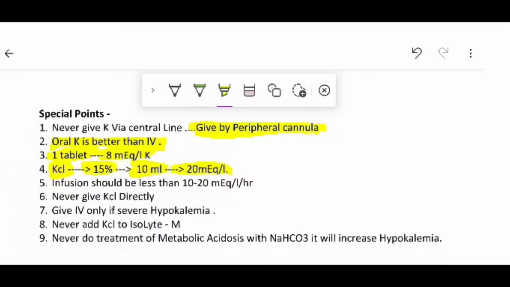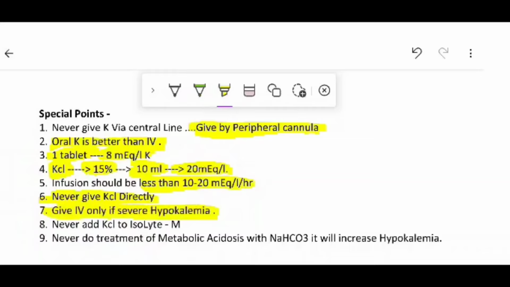Always check that the infusion rate of potassium should be less than 10 to 20 milliequivalents per hour. Never give potassium chloride directly; it should always be diluted with normal saline. And we give IV potassium chloride only when there is severe hypokalemia.